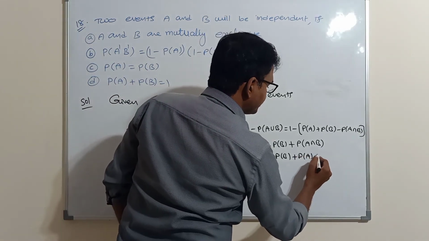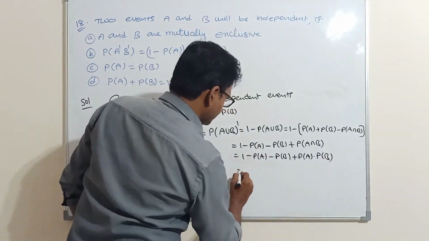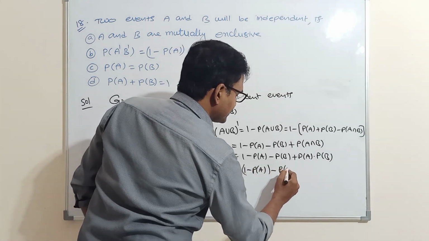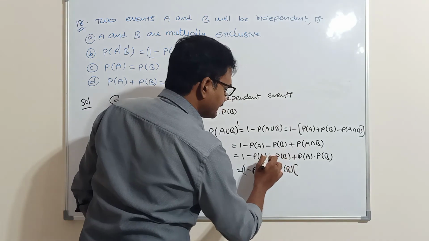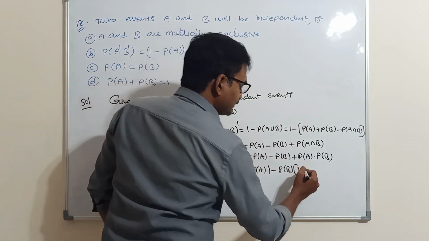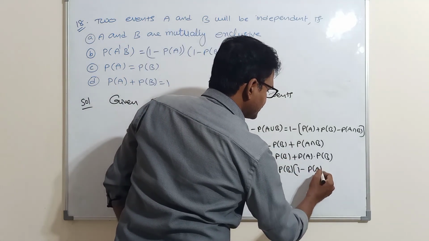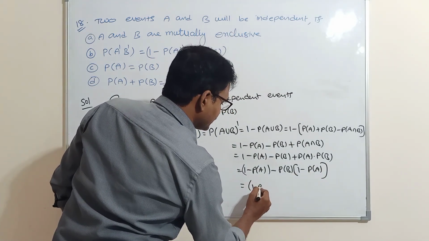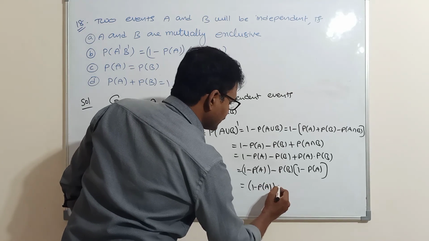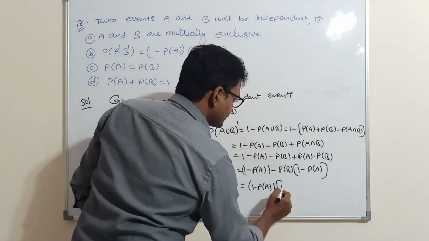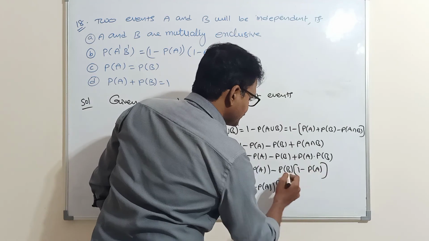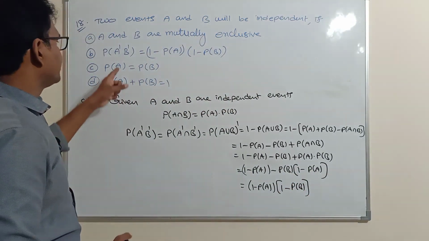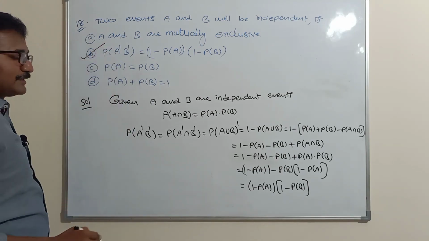So 1 minus P of A, take minus P of B common. If you take minus P of B common, still 1 remains here, and minus P of A remains. So 1 minus P of A, take 1 minus P of A common; still 1 remains here, and minus P of B remains. So 1 minus P of A into 1 minus P of B is the correct answer.